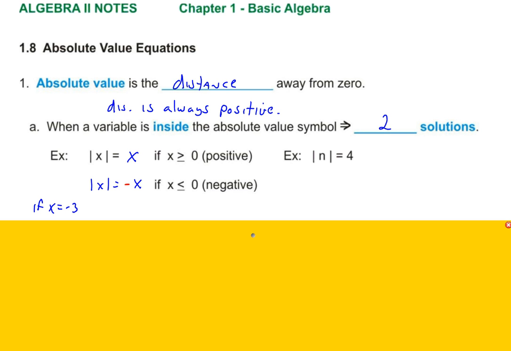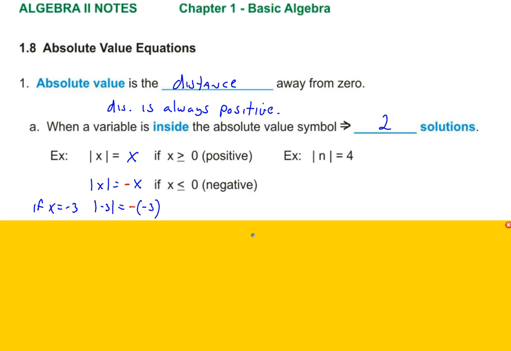Then the absolute value of -3 equals, I'm going to take my red, minus, parentheses, a -3, right? Minus x. We all know the absolute value of -3 is 3. That is a piece of cake. We wouldn't bother with minus a -3 to do that.